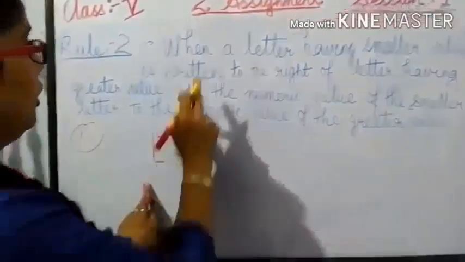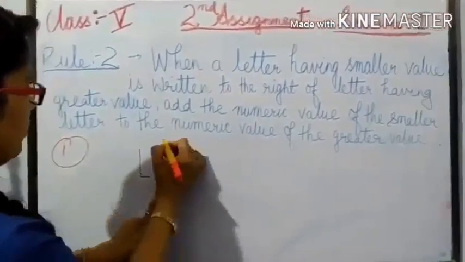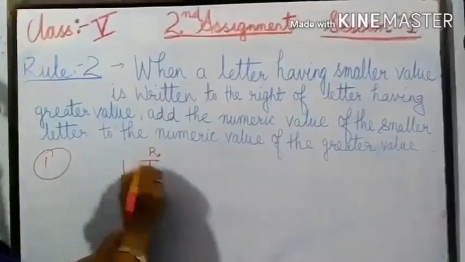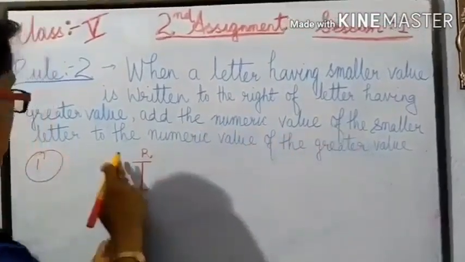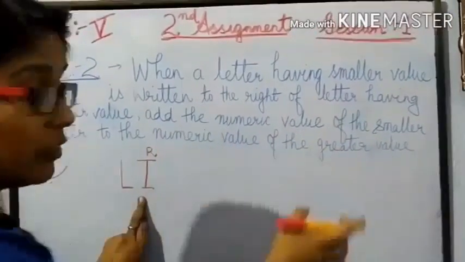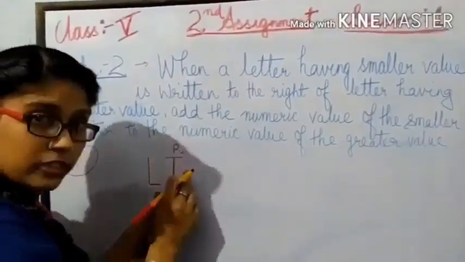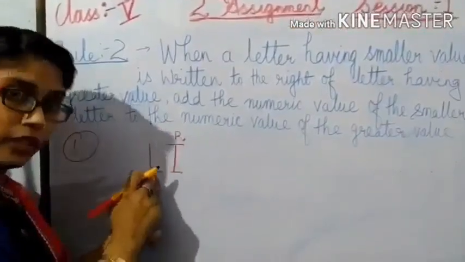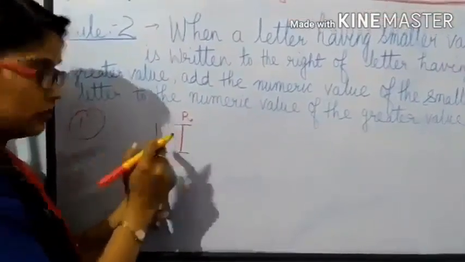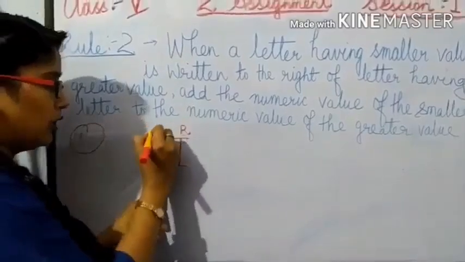See children, when a letter having smaller value is written to the right of a letter having greater value, add the numeric value of the smaller letter to the numeric value of the greater letter. Since I is on the right side, it has smaller value than L. So we will add this I to L, and I is standing on the right side, so L is standing on the left side.